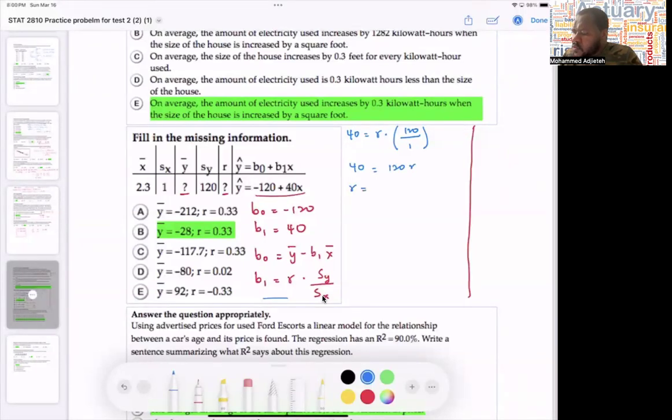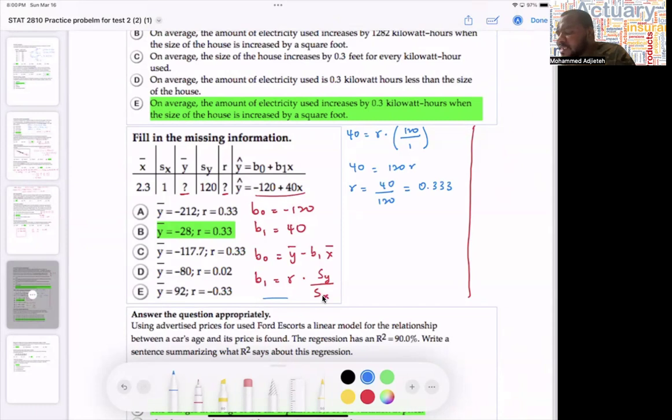So r equals 40 divided by 120. And then you can use your calculator to do this. You're going to get 0.333. So we can see that r is 0.333. That means that D and E are out.